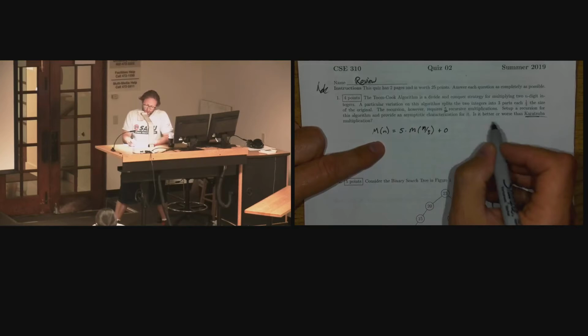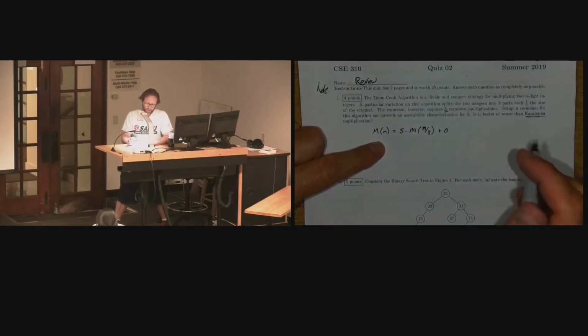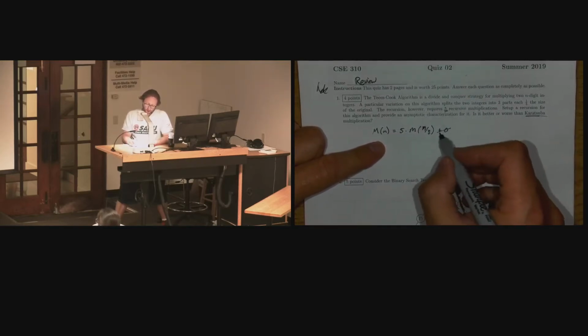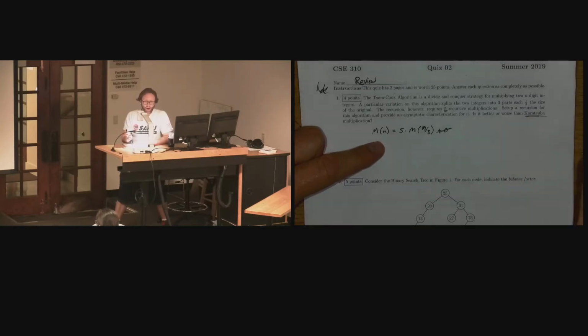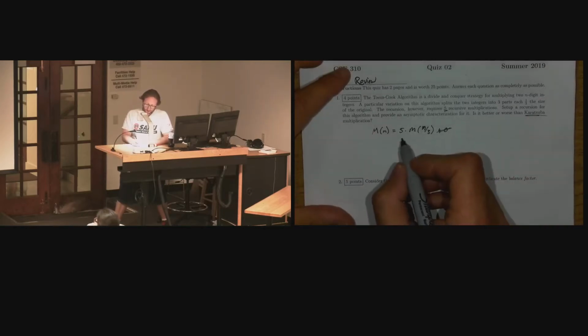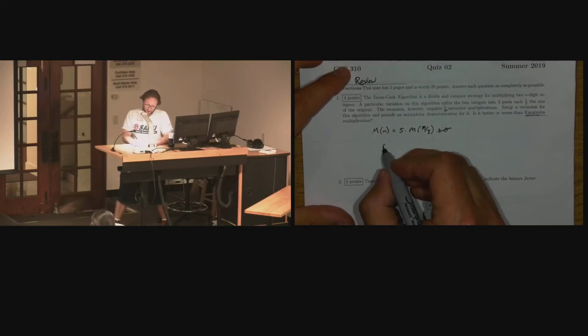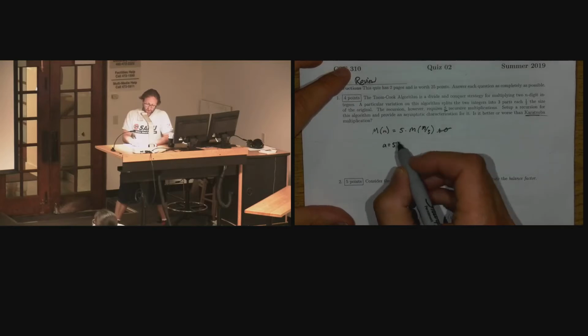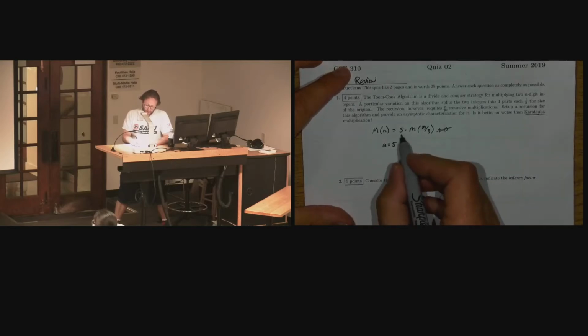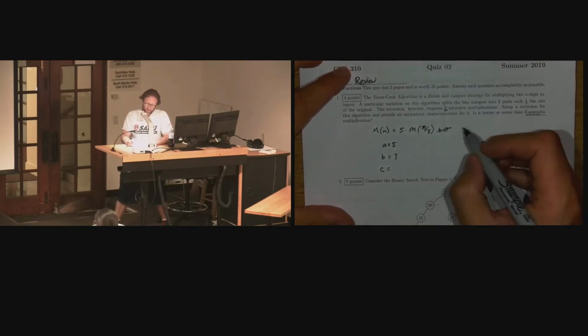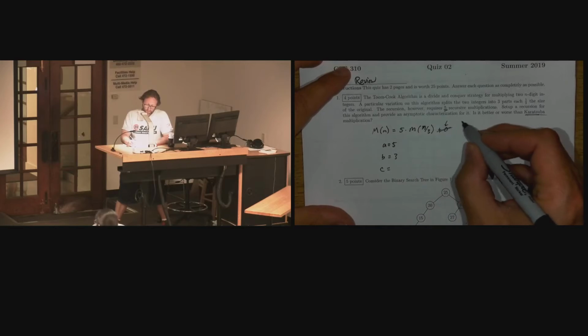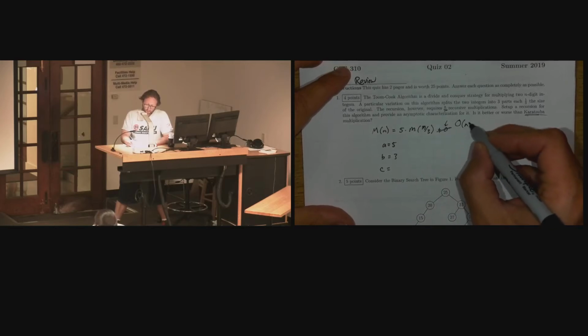And then there's no recursive cost here whatsoever, okay? It's very similar to Karatsuba, only the base conditions have actual multiplications. So this is just an application of the master theorem. You just have to identify the constant coefficients here, the parameters here. A is 5, B is 3, and then C or K or D or whatever it is that we do, that this function right here is order n to the what?